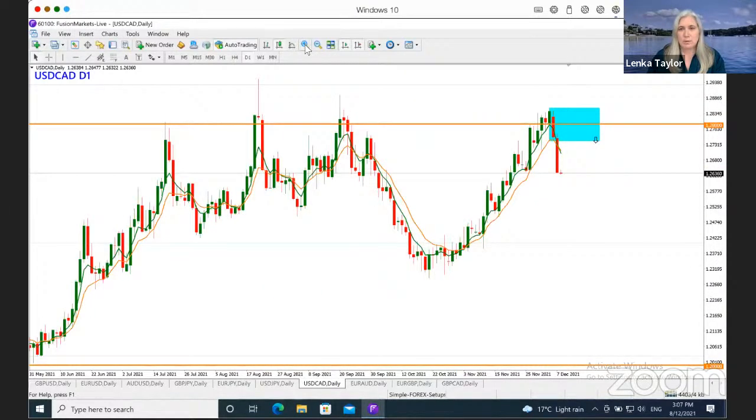So at the moment, I am waiting for price to maybe pull back a little bit to that moving average or to somewhere around there, my entry area, and then looking for a short then.